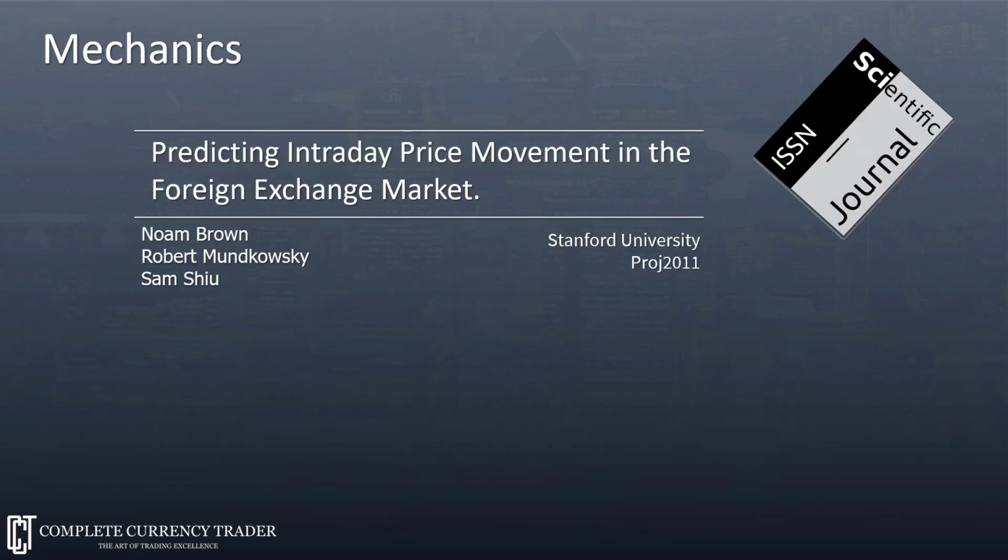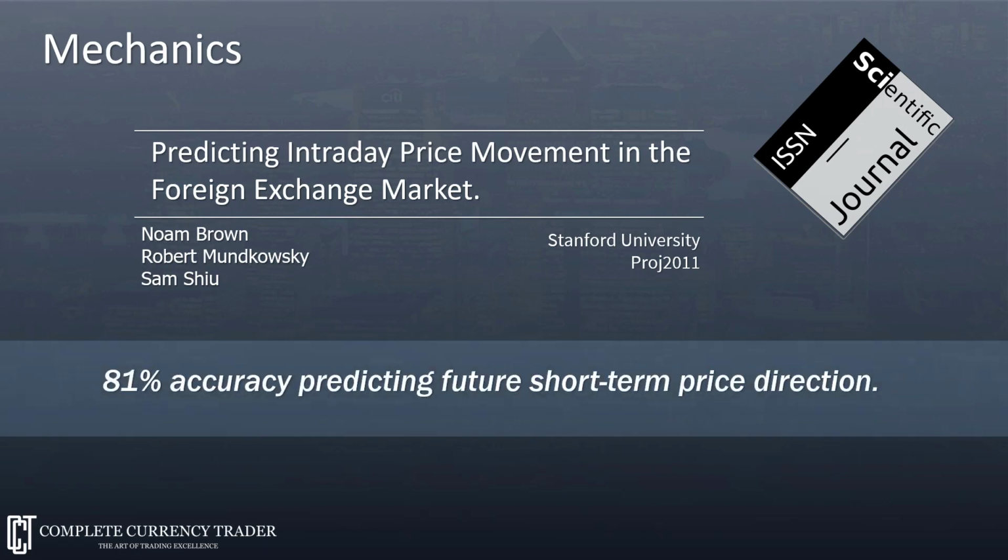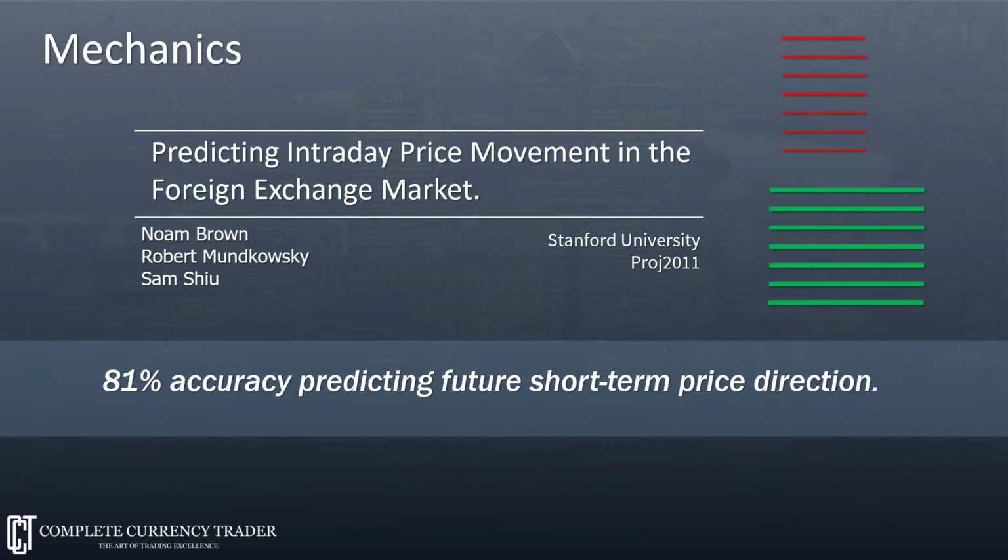But let me show you this scientific paper that was produced by 3 researchers at Stanford University. They found that by just measuring the liquidity volumes, they were able to predict the price direction 81% of the time. And this wasn't a small backtest either. They made 2.5 million observations to ensure that these were statistically reliable results. All they did was compare the amount of liquidity on the bid side to the liquidity on the offer side.